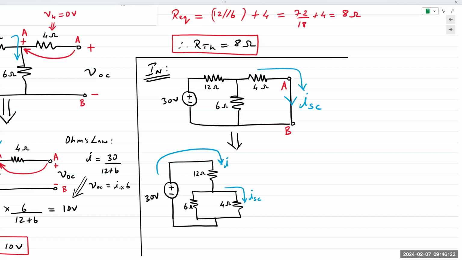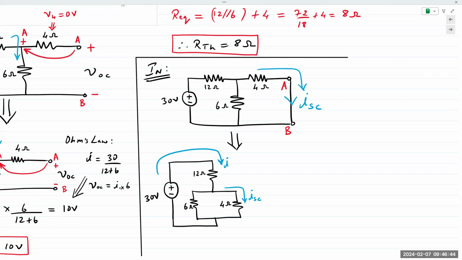The easiest, of course, is to reduce everything down to one single resistance and find the total current I in the circuit, and then you can apply current division to find ISC. Or you can find the voltage across the 6 and 4 ohm, which is again just a 2-step process of not applying current division.